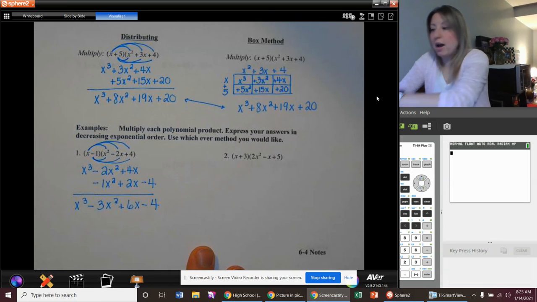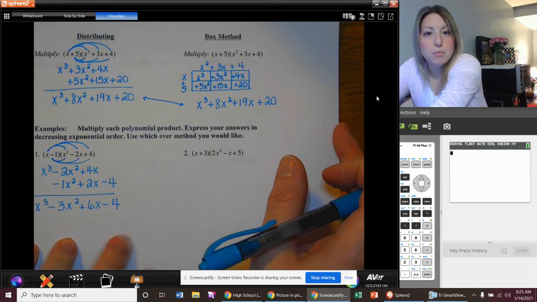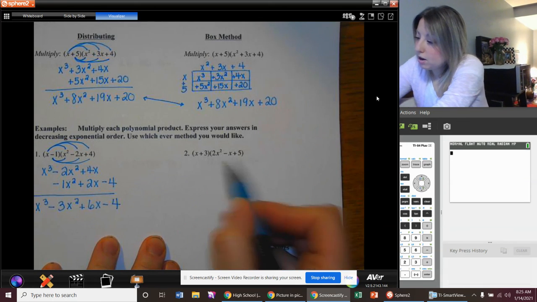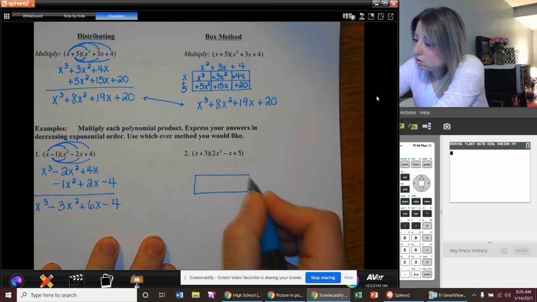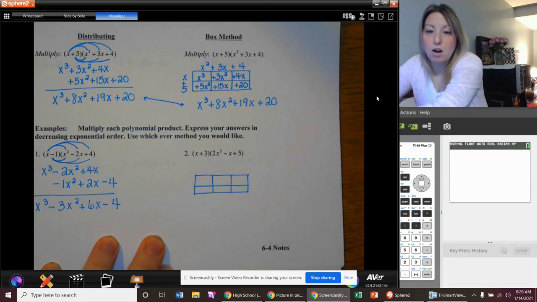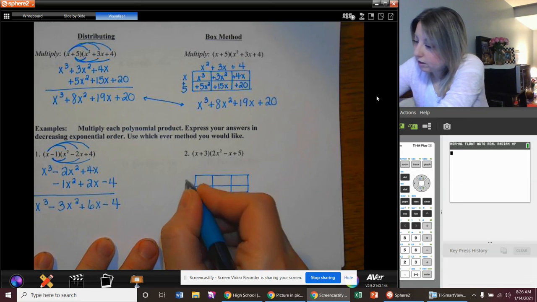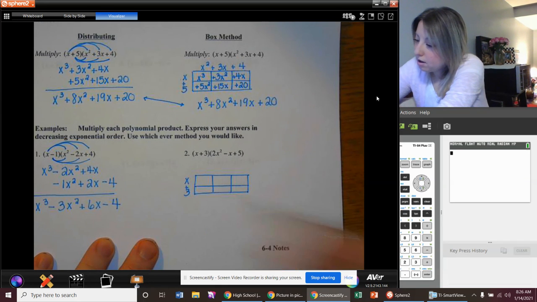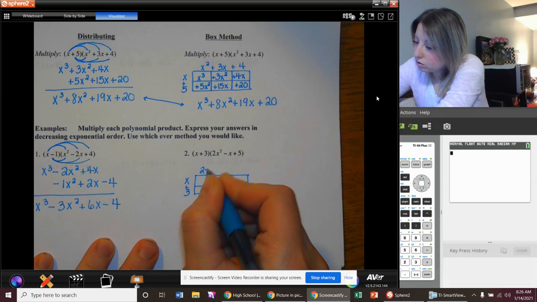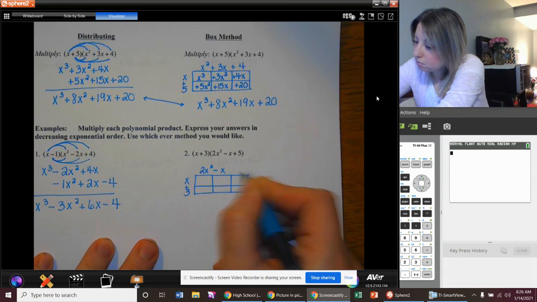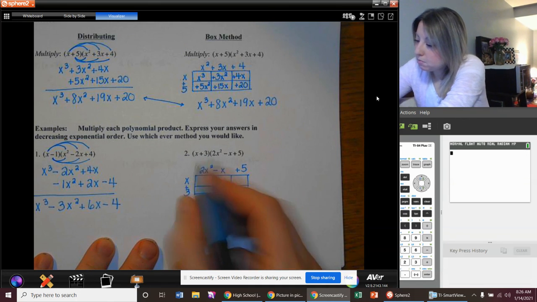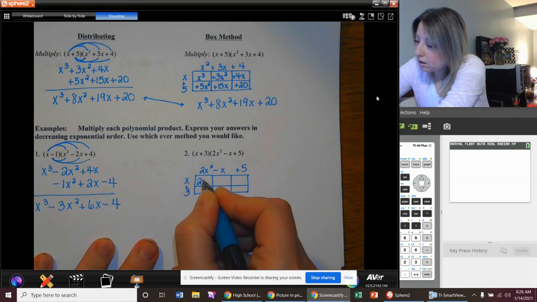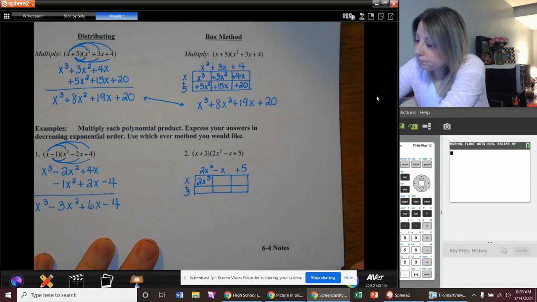All right, let's use the box method on the other side. We have 2 terms here and 3 terms here, so a rectangle. Oh, sorry. Little off there, but that's all right. We'll figure it out. X plus 3 here and 2x squared minus x plus 5. Got it. 2x squared times x is 2x cubed.